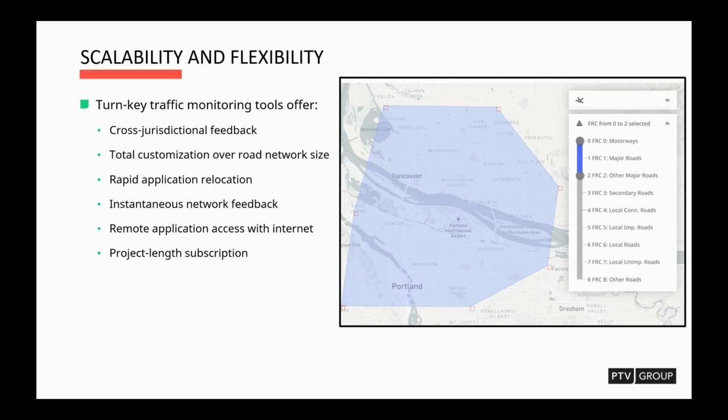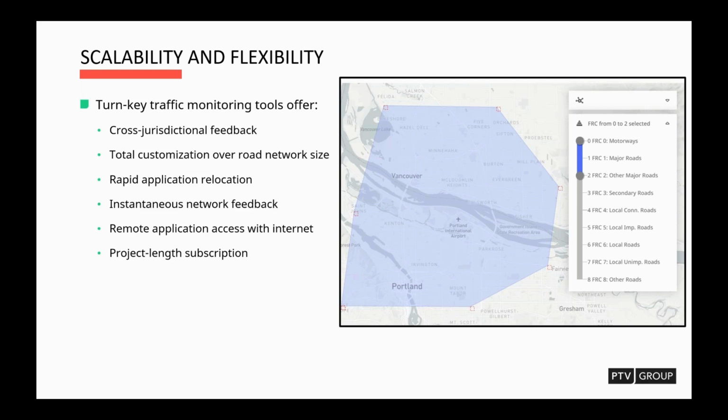So in this example on the right, we can build an instance that crosses from Portland to Vancouver. And as we all know, traffic that is existing in Vancouver affects traffic that exists in Portland. So being able to cross these jurisdictional borders with little to no obstacles is extremely important.